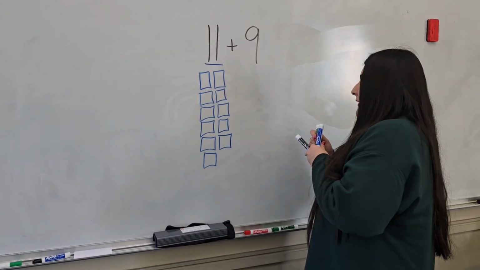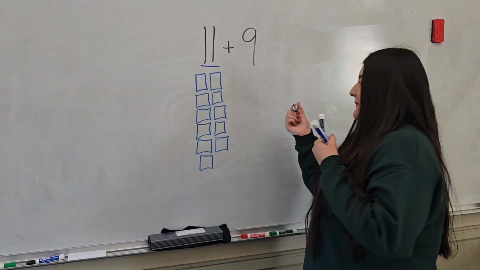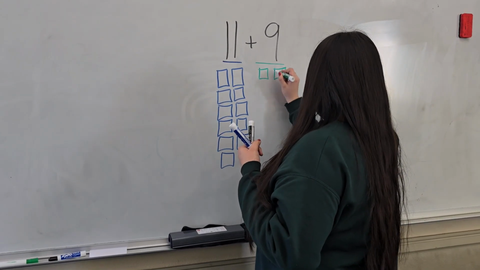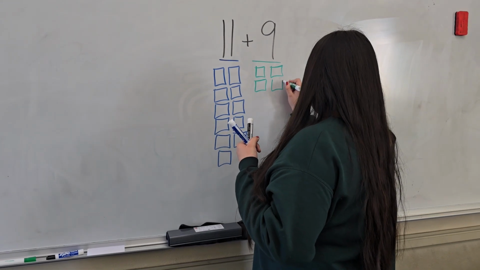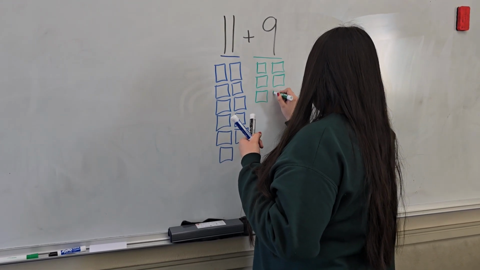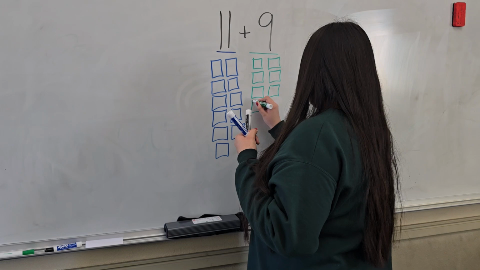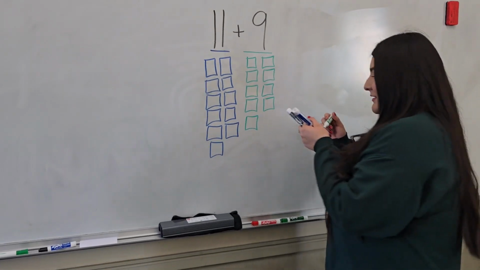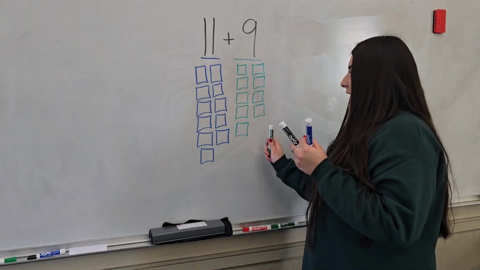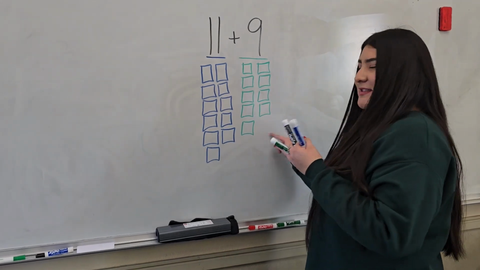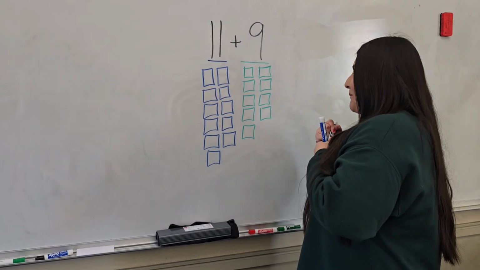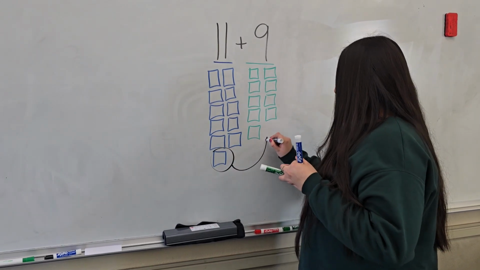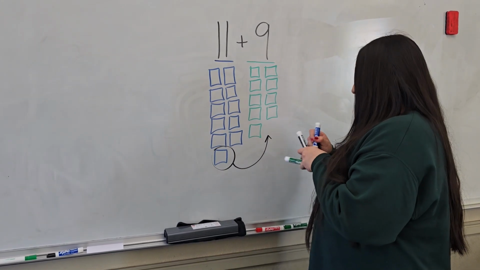And for 9, we're going to make 9 green cubes. So here we have 11 and 9, and we see the little missing spot here. So we can move this one here and regroup it.